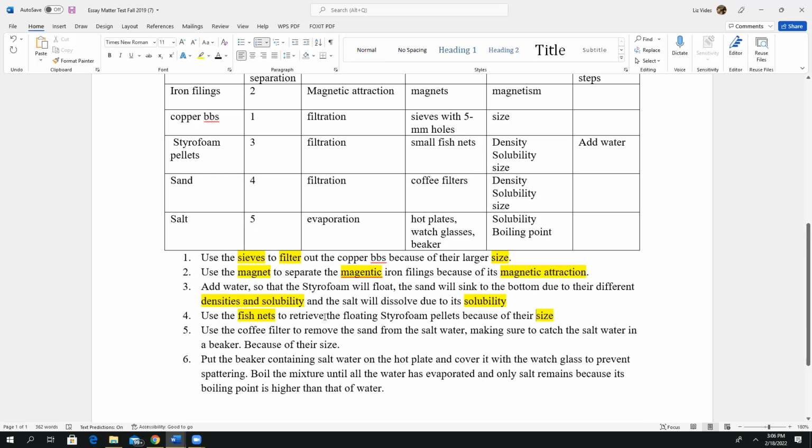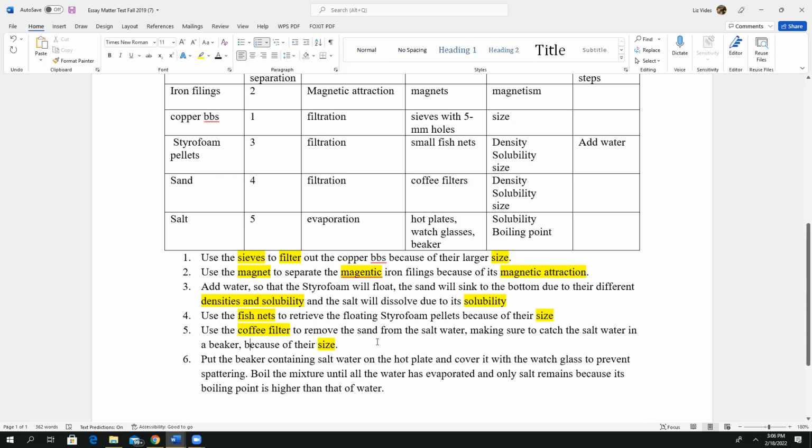I mean, it's filtration. Okay, use the coffee filter. So once again, coffee filter I'm looking for. And because of their size right here. Okay, and that should not have been like this. That's cool. Okay.